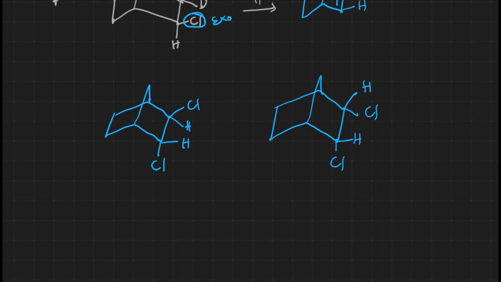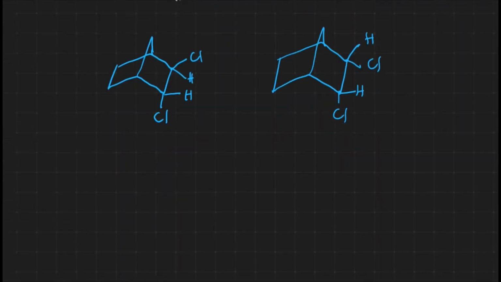Here we have two molecules, right? This is the first one, this is the second one. Let me take the first one as dehydrohalogenation, the second one as dehalogenation reaction, right? In dehydrohalogenation, which is going to be the more reactive one? In a bicyclic compound, what kind of elimination takes place? Syn coplanar elimination takes place, right? When syn coplanar elimination takes place, it means both will be on the same plane.